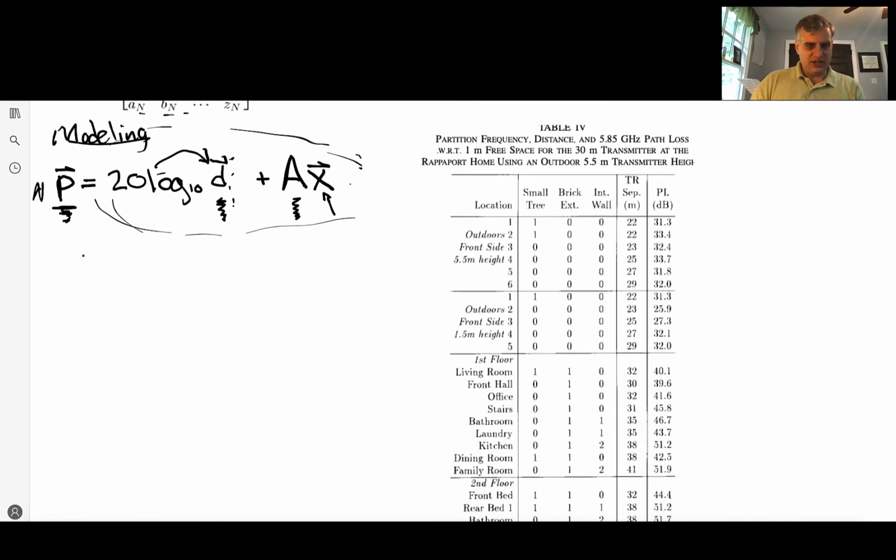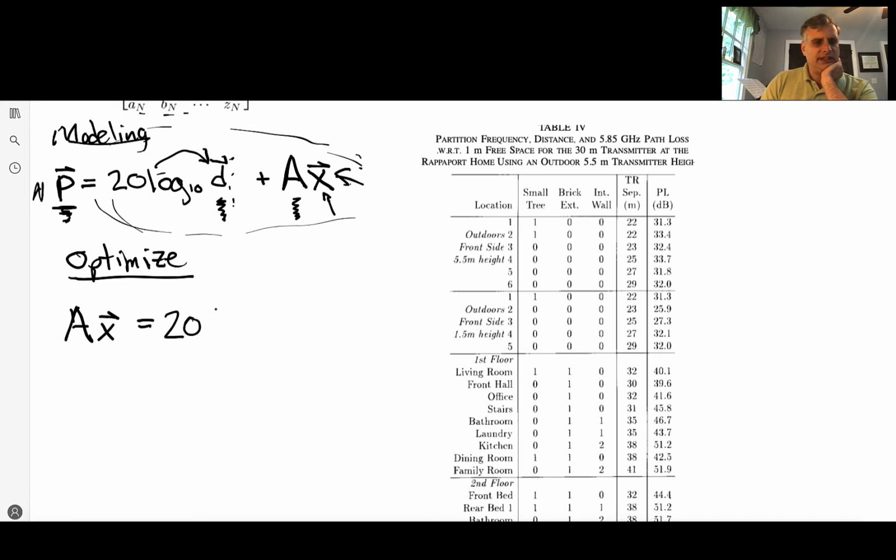For the optimization problem, what we're trying to solve for is x. So we can rewrite this equation as Ax equals 20 log base 10 d.